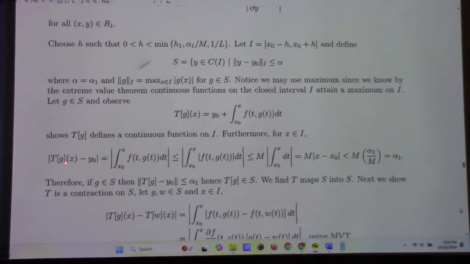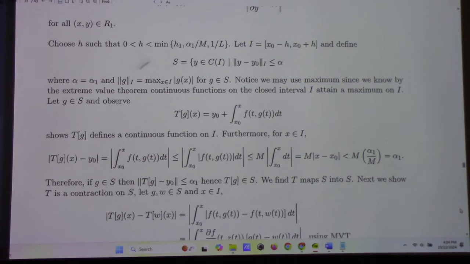So we get this minus that is less than alpha 1, which is nice because that means that if g is in S, then the norm of T of g minus y naught is less than or equal to alpha 1, which is to say that T of g is in S again. So at least the operator T is a mapping of S into S. That's one of the first things we need for it to be a contraction mapping, right?